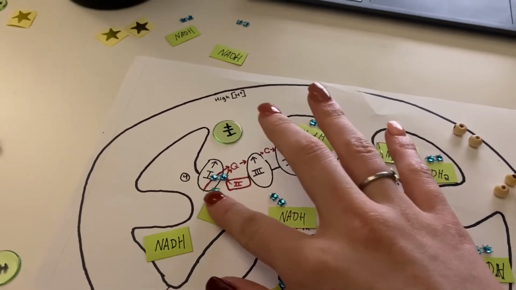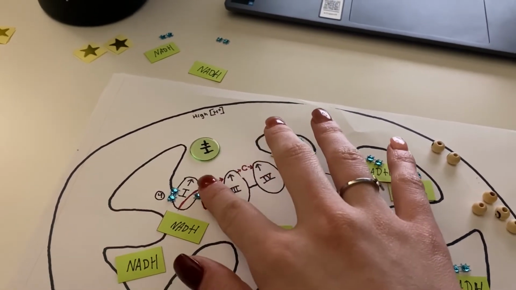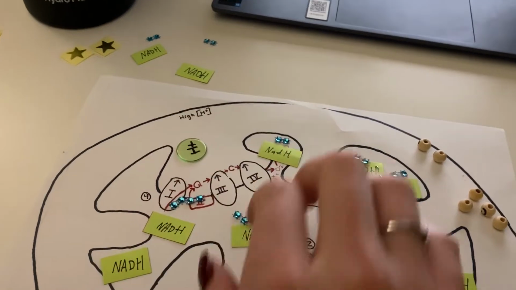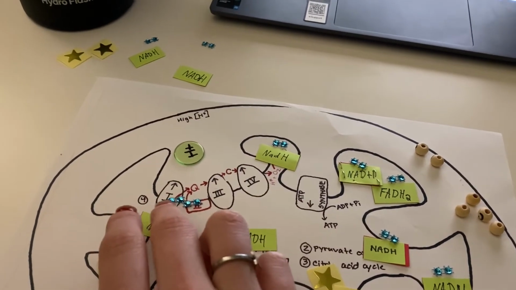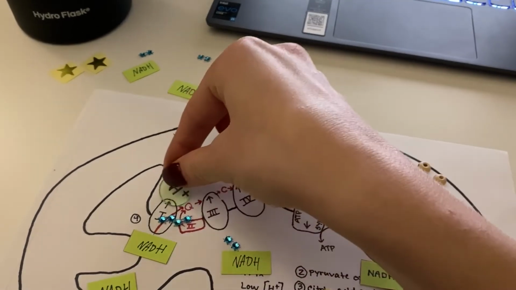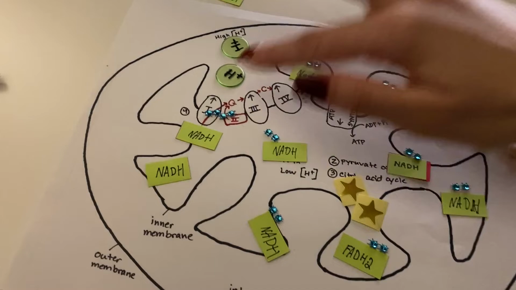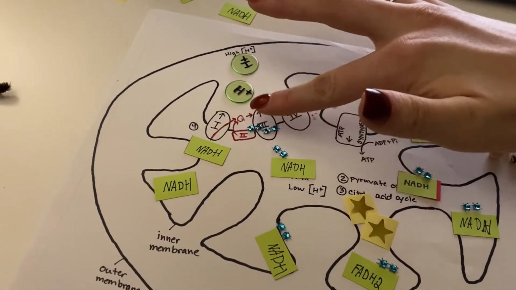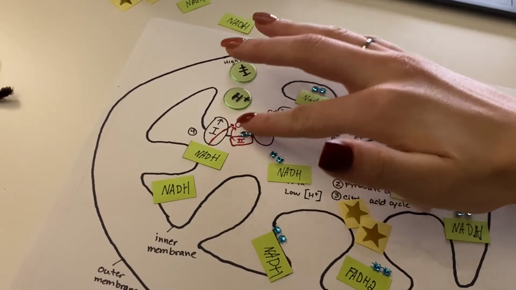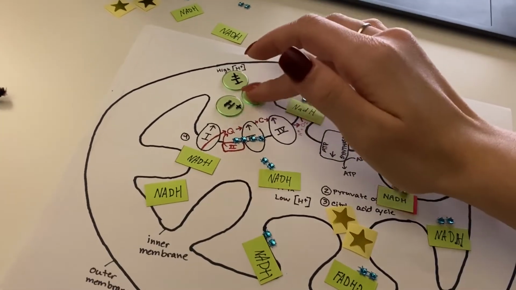And then another NADH will come and drop off at protein complex 1 and send its electrons with it as well. Try to get these in a line. There we go. And in doing that, another hydrogen ion will be pumped through to the intermembrane space. And as the electrons move through protein complex 3, another hydrogen ion will be pumped through.